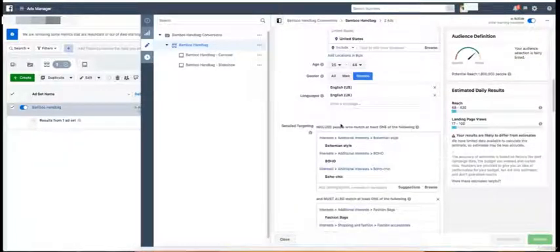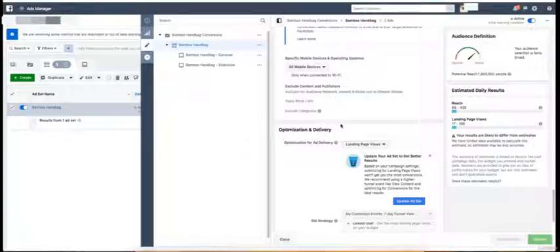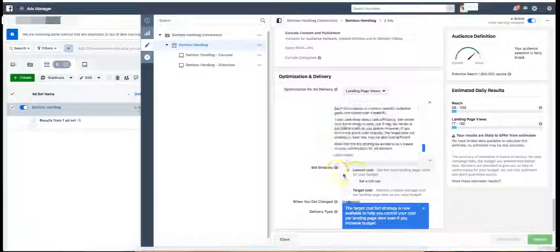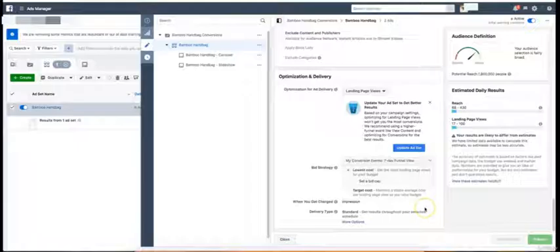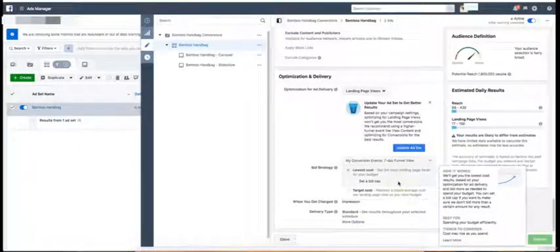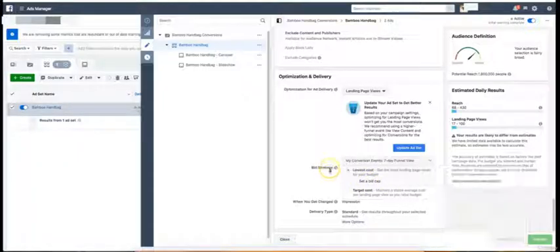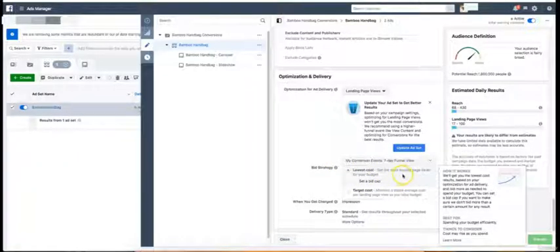Okay, so you want to scroll down to where it says the bid strategy. Okay, so when you're using the budget optimization, you want to make sure that you're either using the lowest cost or target cost bid strategies. Okay, so what does that mean? So what we're doing is we're optimizing.